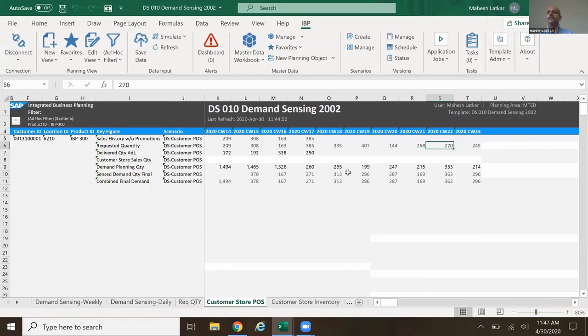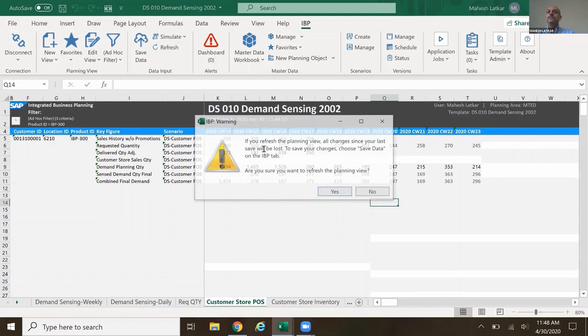What it does is read this requested quantity in the future, and it also reads the pattern from the past and compares the downstream signal, customer point of sales, with requested quantity, and comes up with this number. If you take a total, for example, it's 1659 for these few buckets, and it is giving output of 1714, which is a little higher because of your open sales in the near future, and you can also expect some more demand.